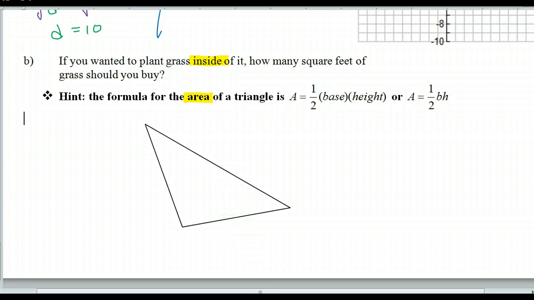Alright, so you just have to pick a base and height pair. But I could consider this the base over here. If this is the base, then this segment like this would be my height. Okay, the base and the height. Okay, so don't think the base always has to be at the bottom. It does not.